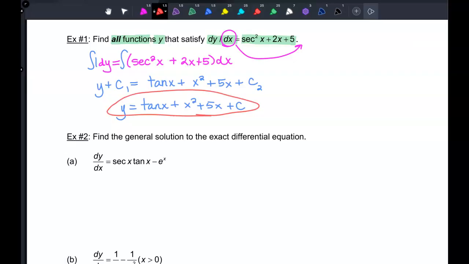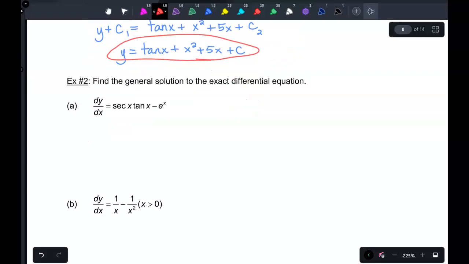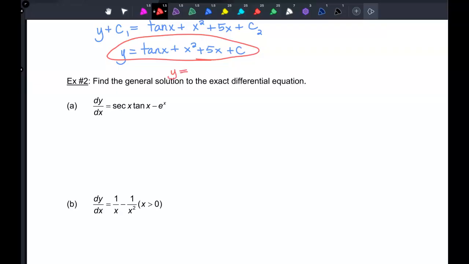Does that make sense, why we just do the c at the end? Okay, find the general solution. General solution again means I want y equals some function, and we're always going to have a plus c unless we have more information, which we don't. We don't have any limits or anything.